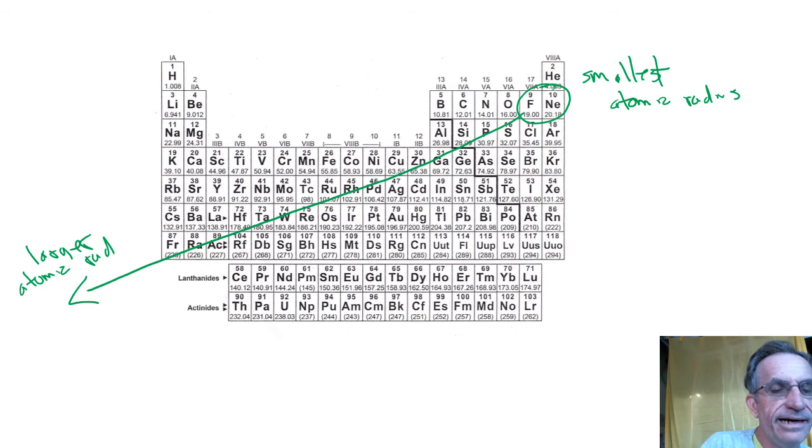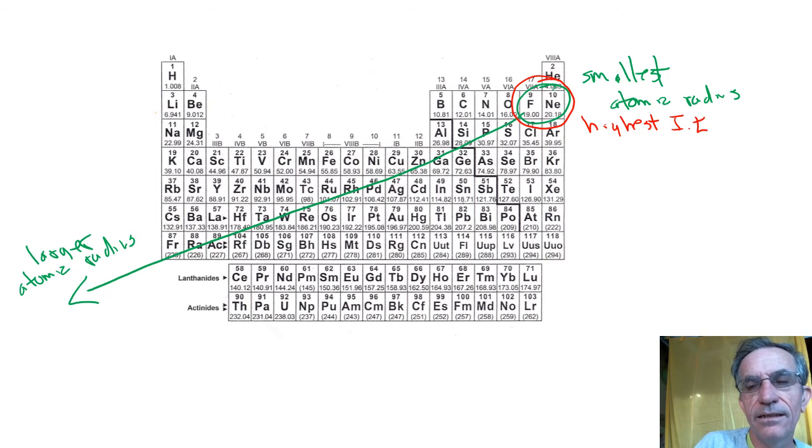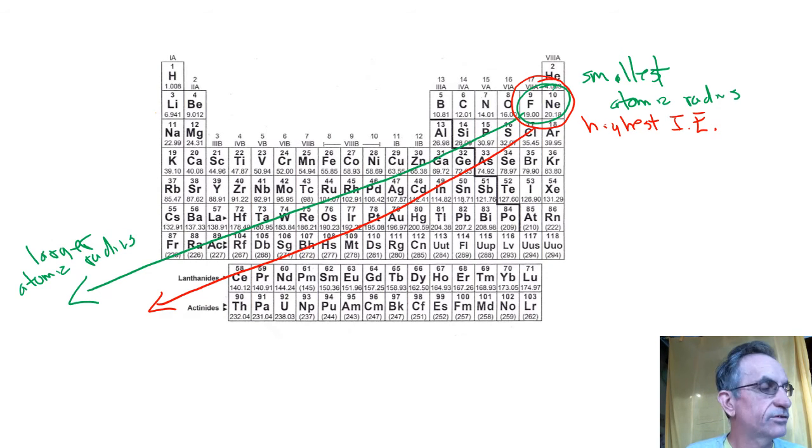Now, the other patterns, let's see if we can put them on the same chart. The next one was ionization energy. If you're in this top corner, you have the highest ionization energy. And as you go across and down the periodic table, ionization energy becomes lower.